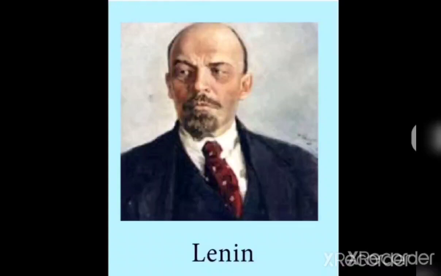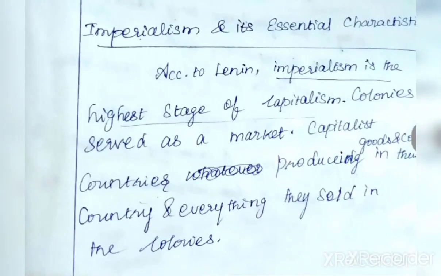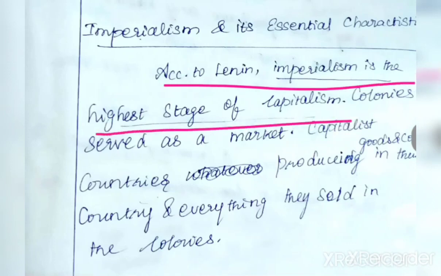The aggressive behavior of one's own country. That is called imperialism. Okay. So according to Lenin, imperialism is the highest stage of capitalism. See, children, look here, that is what is being told.